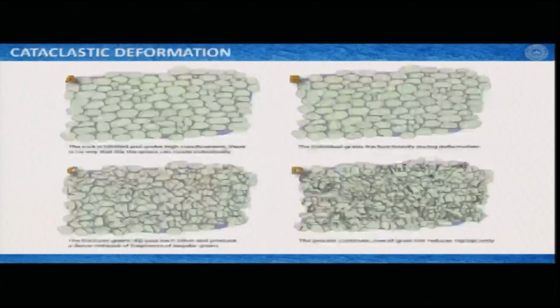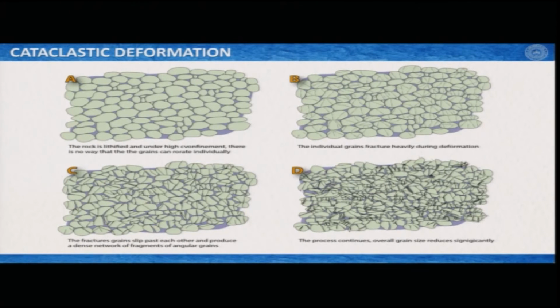So, we see in the next illustration. What do we see here, these 4 illustrations. In A we have some compacted matrix, this dark gray, and these greenish grains. Now, when the deformation comes in these sort of settings, which are highly compacted, lithified and have significant confinement, then the grains cannot rotate.